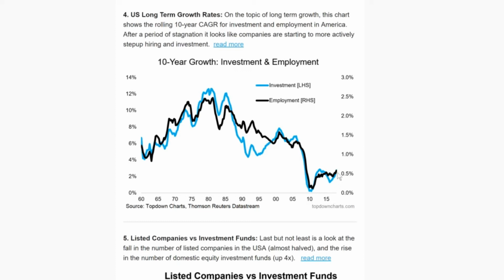It may be a false start, but if we see that pick up to where it used to be, that could be pretty important, because you think about investment, capital expenditure, employment. These are the key inputs to production, and there's only so long that you can get away with not investing in productive capacity. Future growth rate is going to be driven by investments made today.